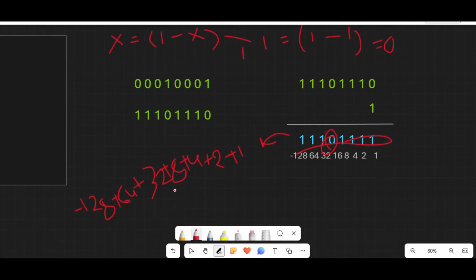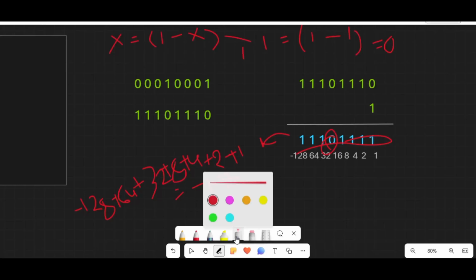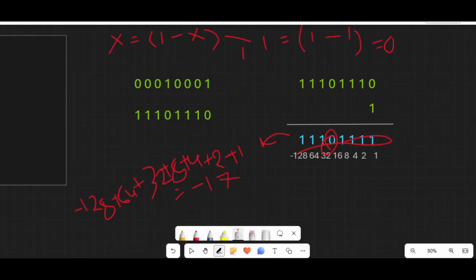That will be equal to minus 70. So what we have done is converted 17 to minus 17 using 1's complement and 2's complement.